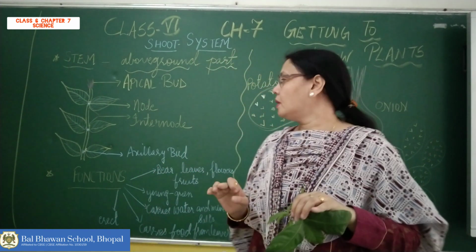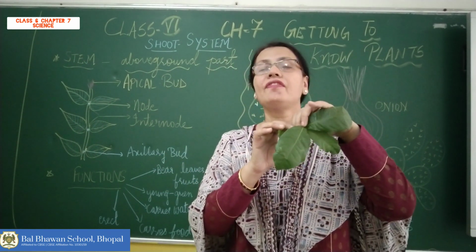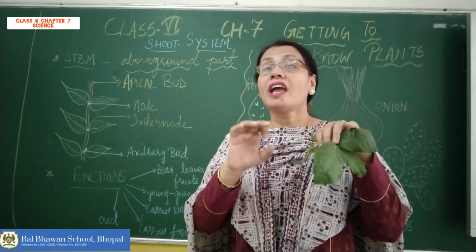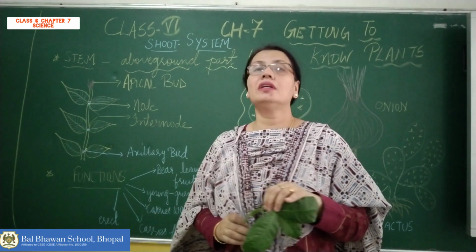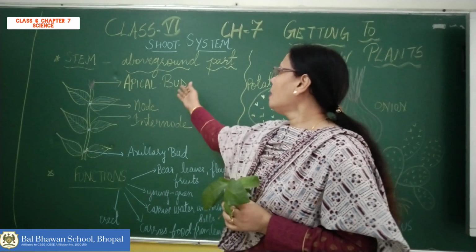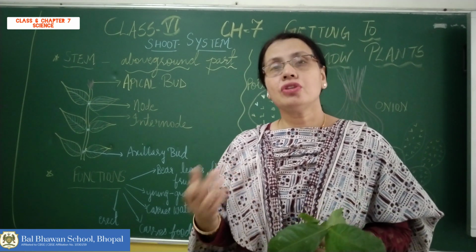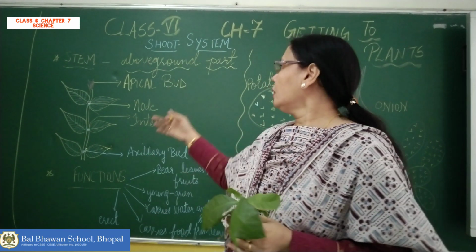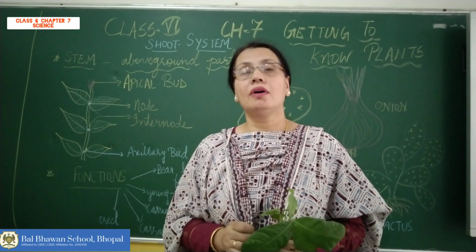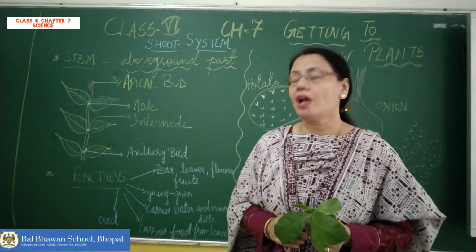That is the bud which is present in between the leaf and the branch, or the axil of the leaf and the branch. That bud is called an axillary bud. As such, buds are immature structures which on growth can give rise to a vegetative part of the plant or can give rise to a flower.